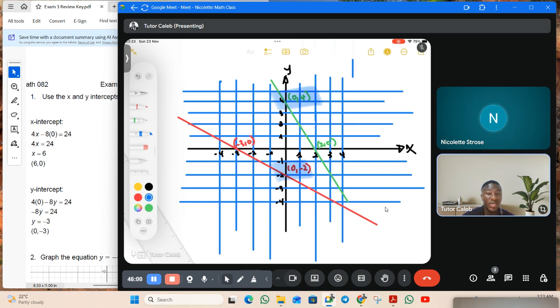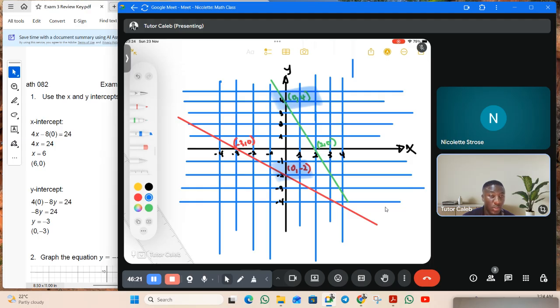You'll agree? Wherever a line cuts the y-axis, the x-coordinate is always 0. I repeat, wherever the line cuts the y-axis, the x-coordinate is always 0.